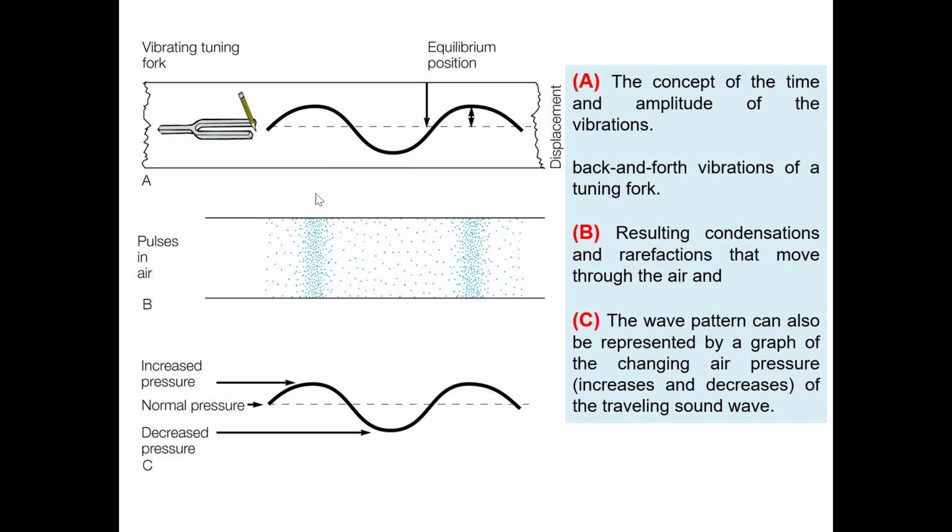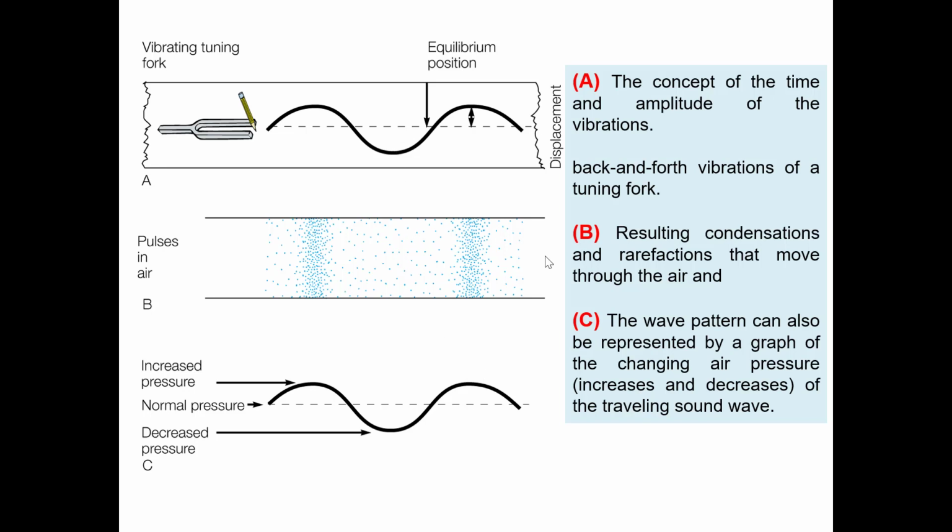But the rarefaction regions, where the pressure is less, correspond to the minimum amplitude, or we can say the amplitude in the negative direction with respect to the equilibrium position.